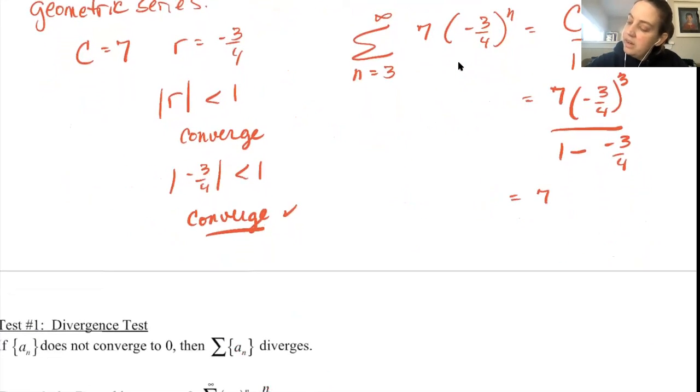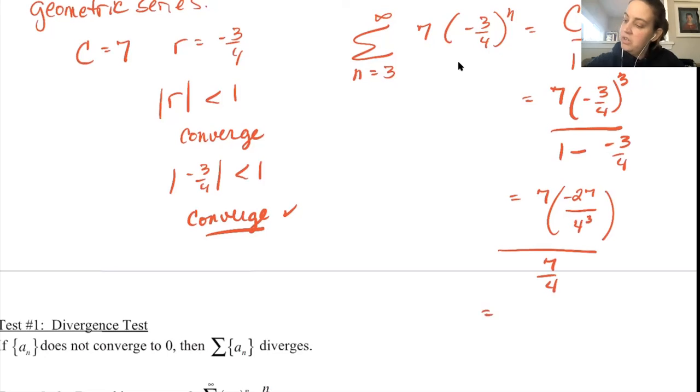Let's do some mental math here. So this is -27, 4 times 4 is 16, 16 times 16. Yikes, I need help with that one. This is going to be 7/4. I'm going to put 4 cubed here. I'm going to cheat a little bit.